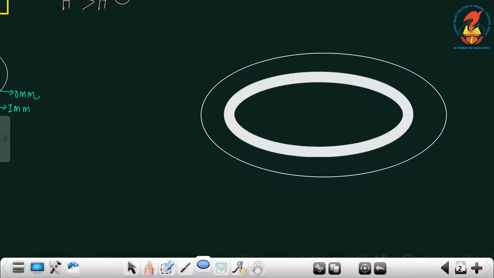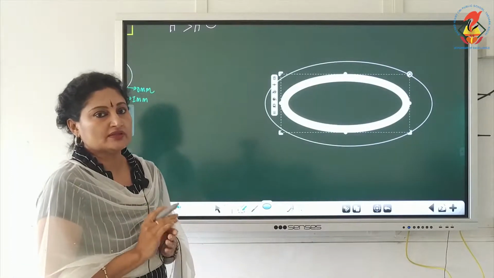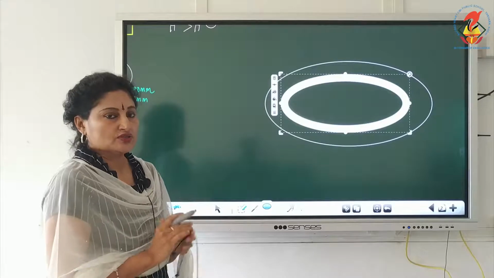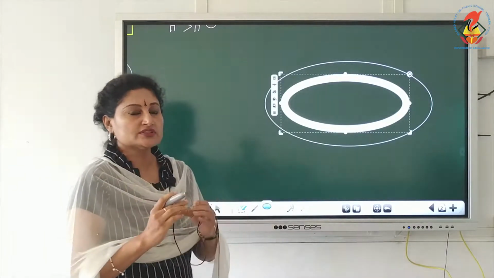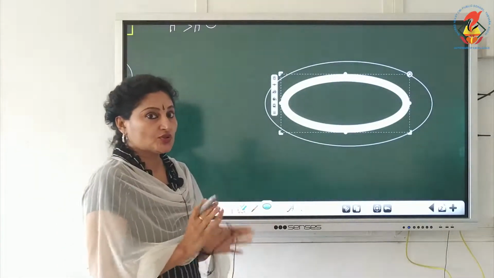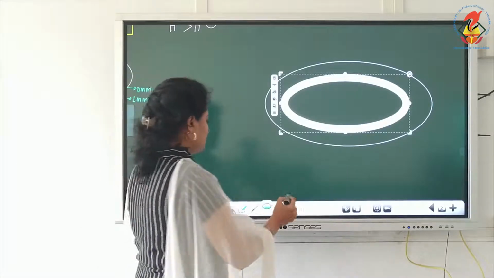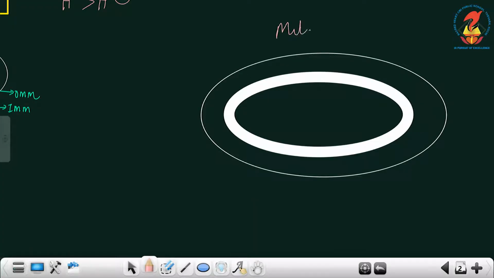I purposely gave a thick nib to this, because it is in the inner mitochondrial membrane that our ETC is operating. So rather than zooming into the inner mitochondrial membrane to show the electron carriers, I made the inner mitochondrial membrane thick to show the location of the ETC. So once again I am going to label this. This is the mitochondria.